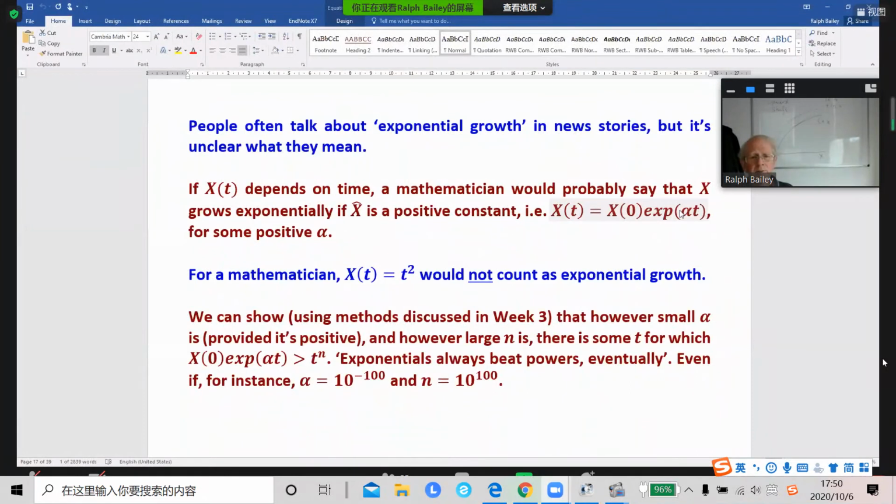Perhaps they mean that if they graphed the function, it would curve upward. So in our terms, it would just mean convex. But if you're talking to a mathematician, they would say what's meant is something that grows at least as fast as the exponential function.